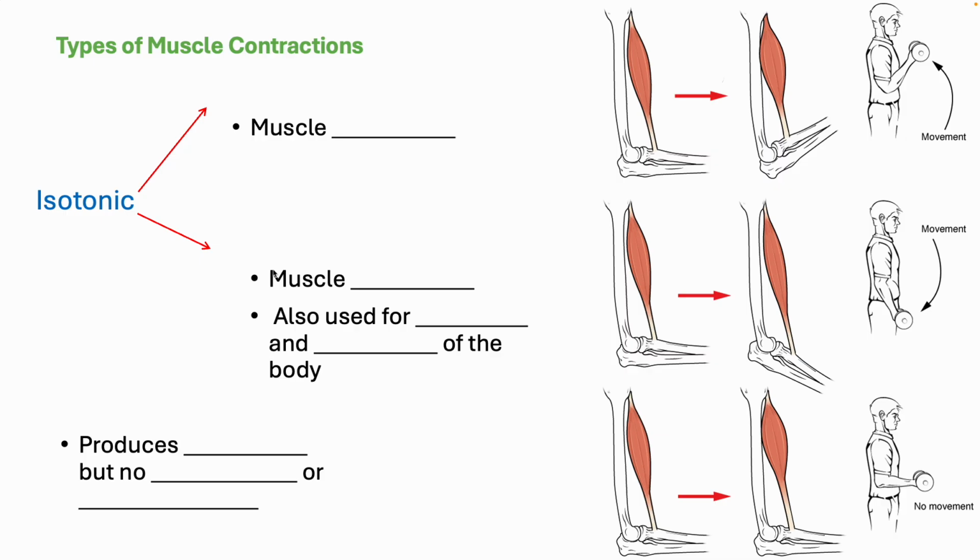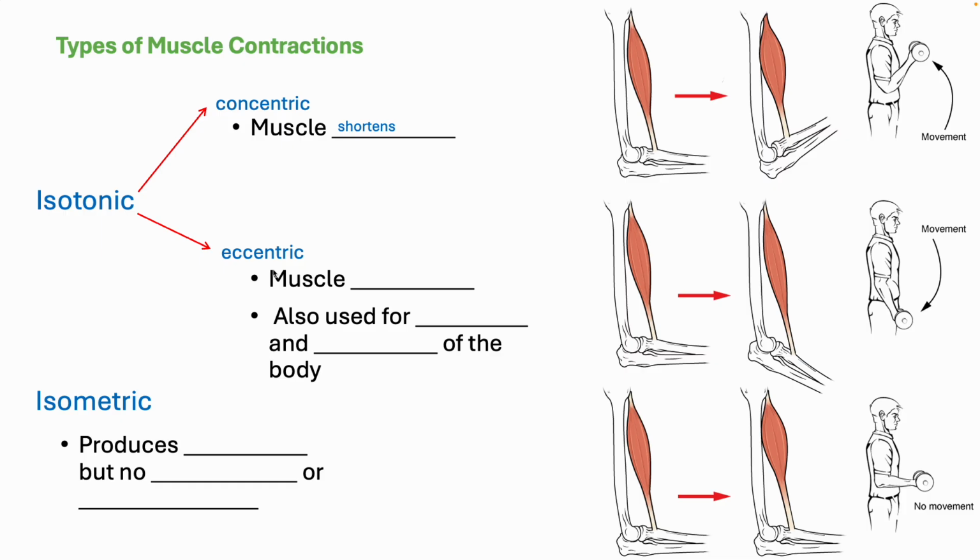This is going to be the contractions where movement is produced, while the other type of contraction is going to cause the muscle to contract, but the length is not actually going to change because the load exceeds what the tension can generate.